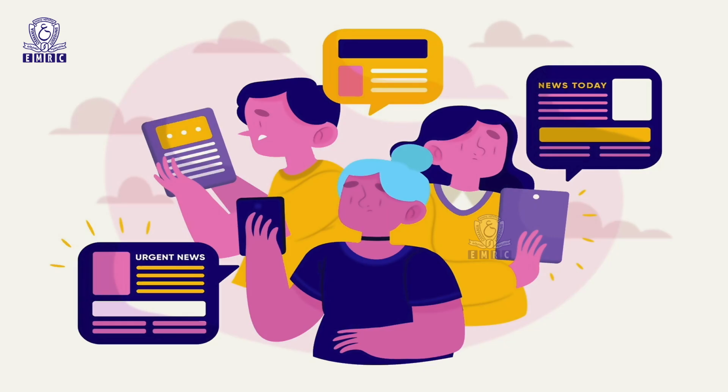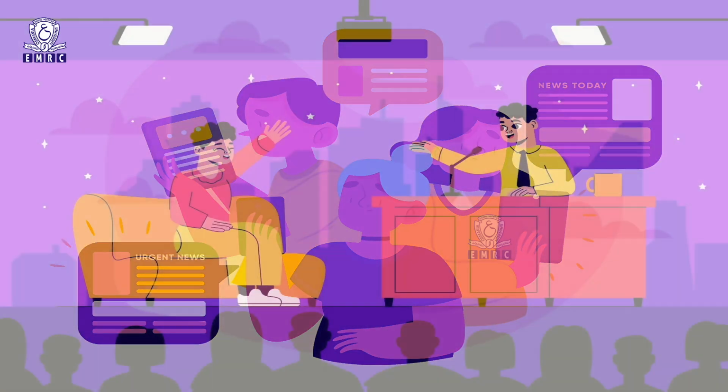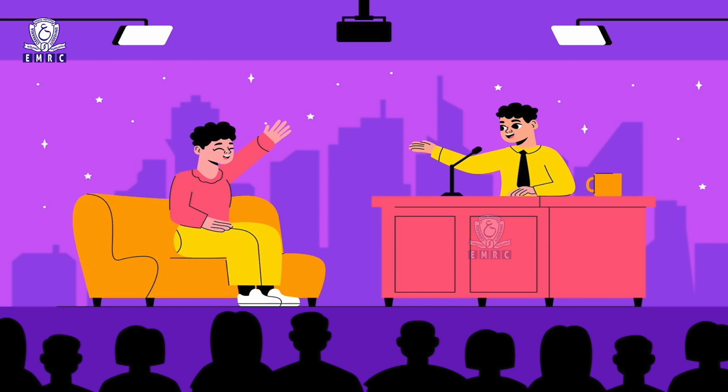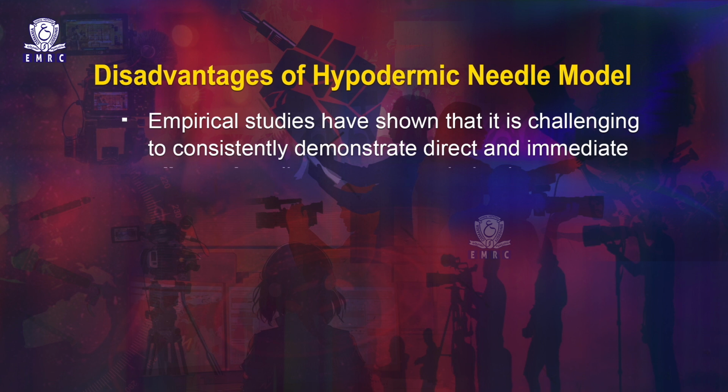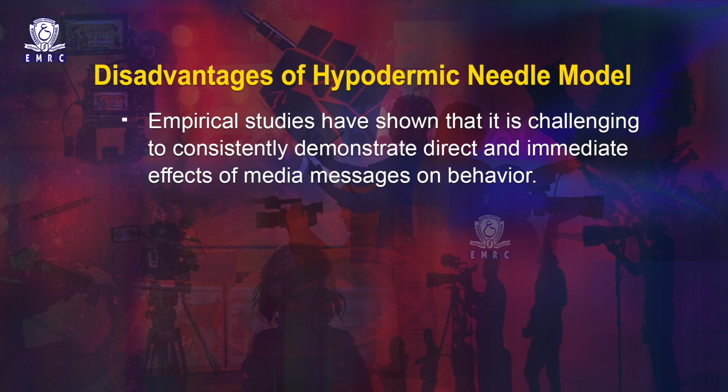In reality, audiences often engage in conversations, discussions and debates about media content. This two-way communication aspect is crucial in understanding how propaganda is received and contested. Empirical studies have shown that it is challenging to consistently demonstrate direct and immediate effects of media messages on behavior.